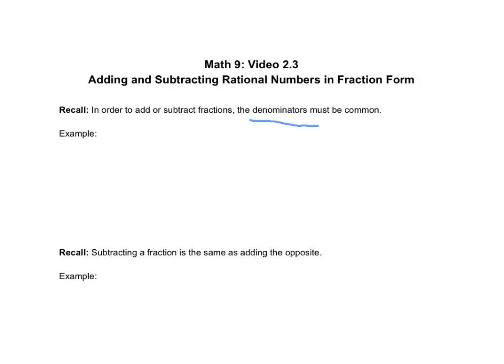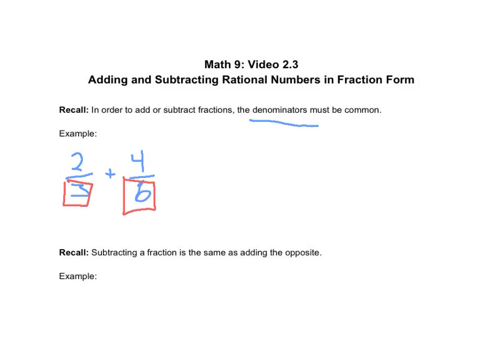Okay, so for example, if we were given 2/3 and we were asked to add 4/6 to it, we can't just add them as written right there. We would need to first make sure that the denominators are the same. Right now they are not, so we're going to need to switch them.